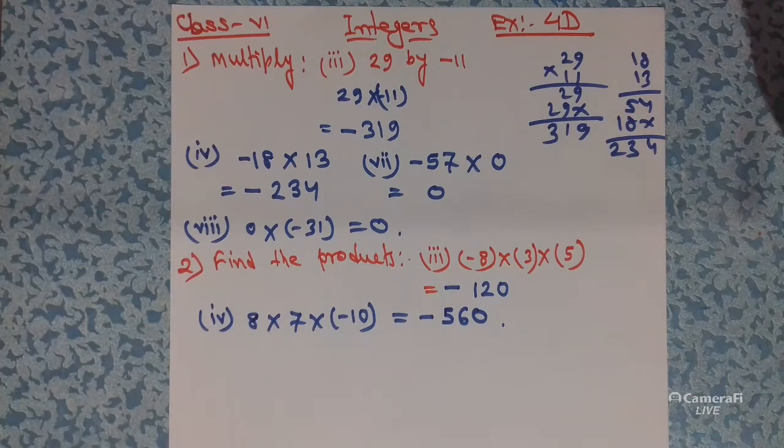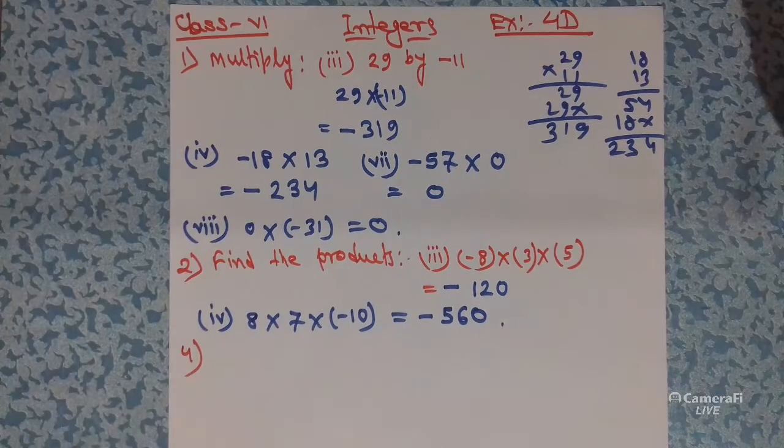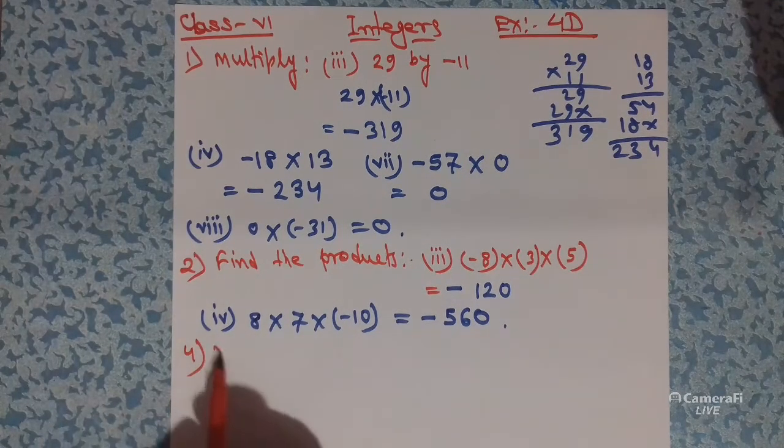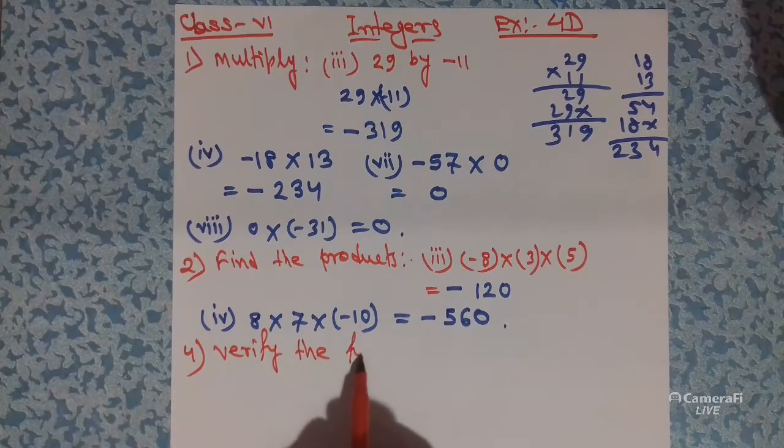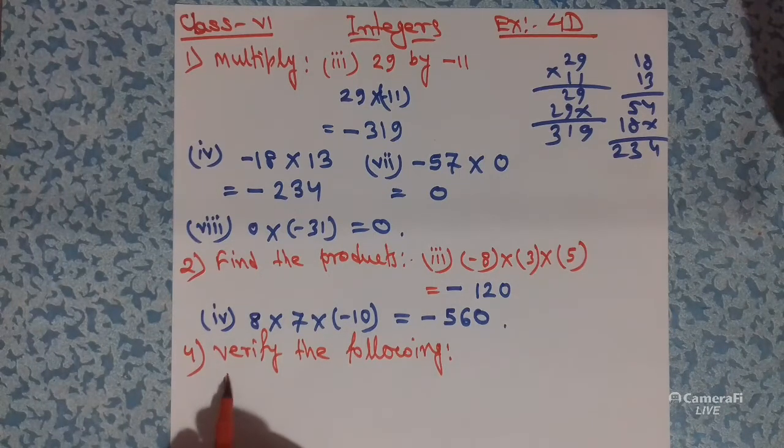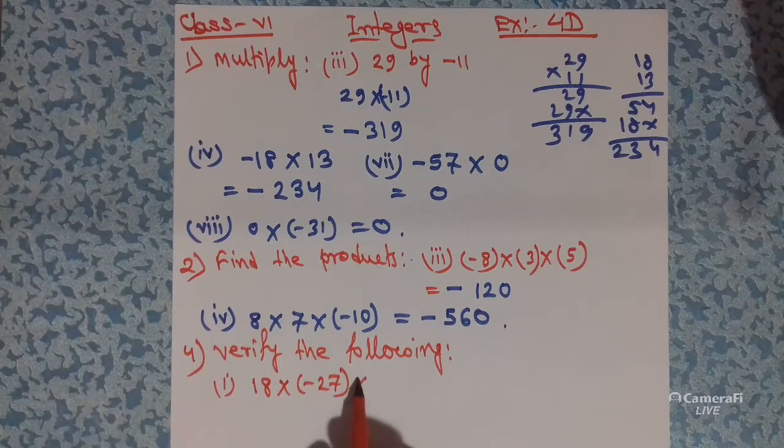Next I am going to show you problem number 4. Verify the following. One number problem is 18 multiply minus 27 multiply 30.